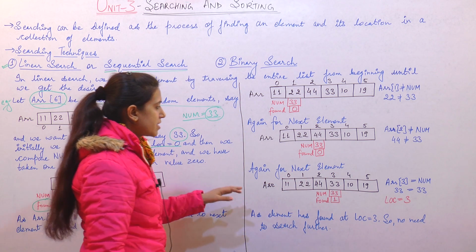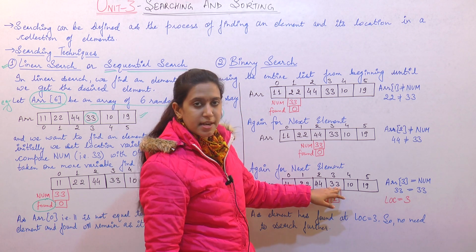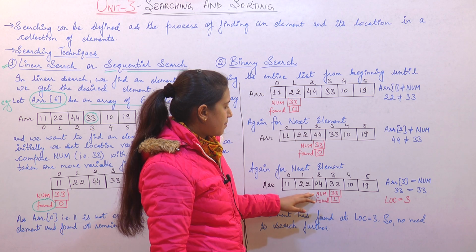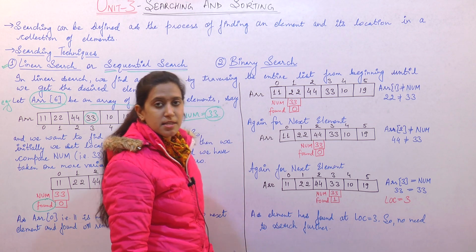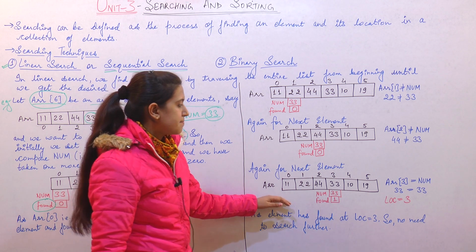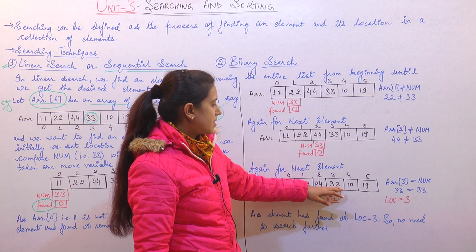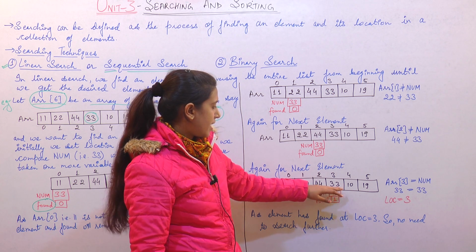Now moving further to the next element, we have the element 33 at location 3. Now we will compare num, that means the number 33 which we want to search in this array, with the next element, that is 33 in the array.